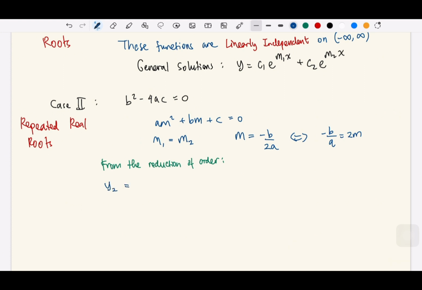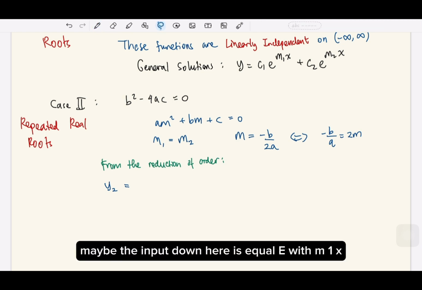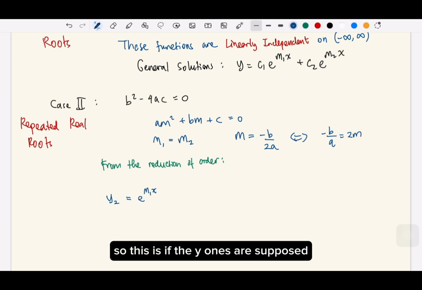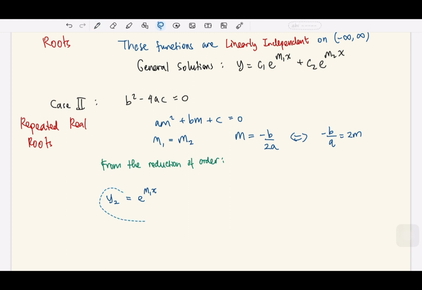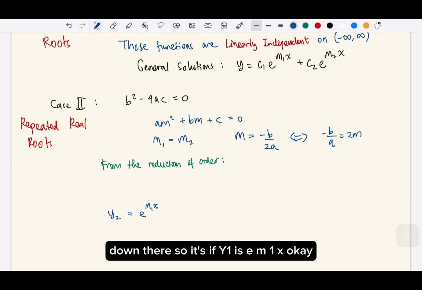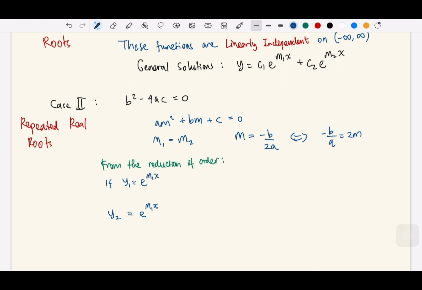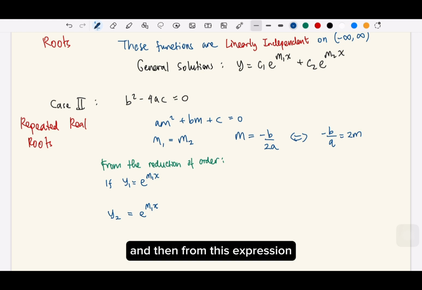Suppose y1 is e to the m1x, and from this expression m1 is negative b over 2a.